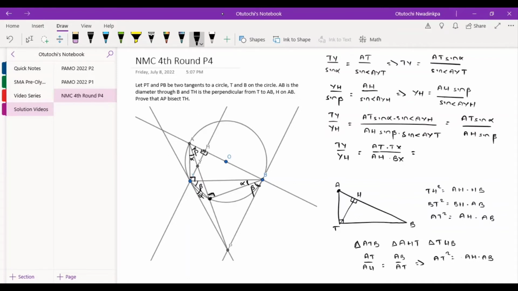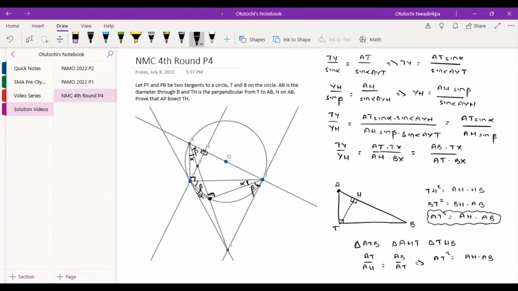But what is actually of interest to us is this part that tells us that AT squared is equal to AH times AB. Why? Because that will help us deal with AT over AH, because it's going to imply that AT over AH is equal to AB over AT, and this will be equal to AB times TX over AT times BX.